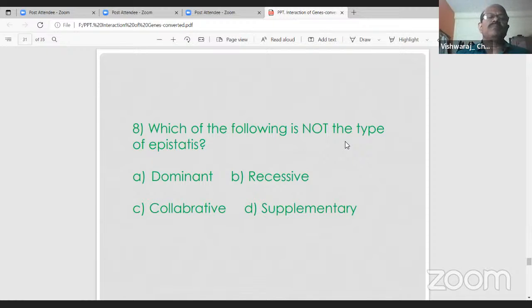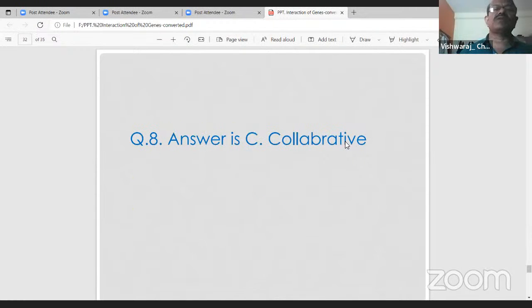From these four, one is not a type of epistasis. Your answer is collaborative. Collaborative is not a type of epistasis.